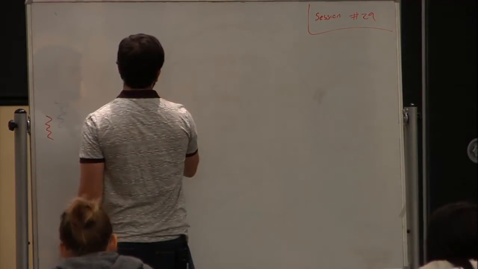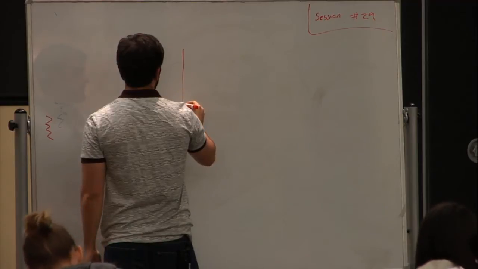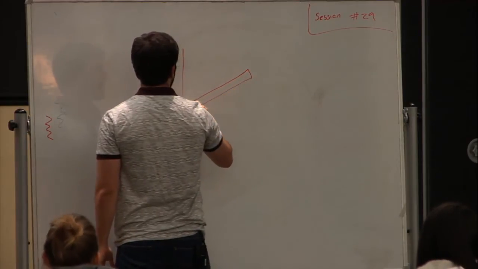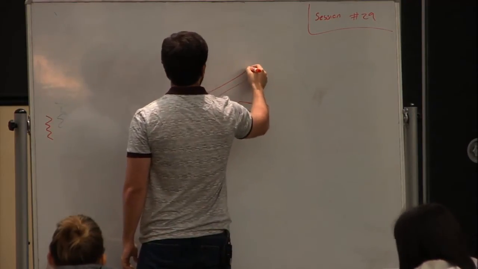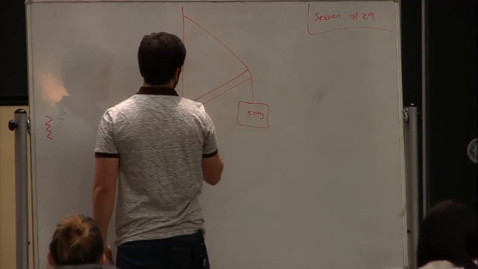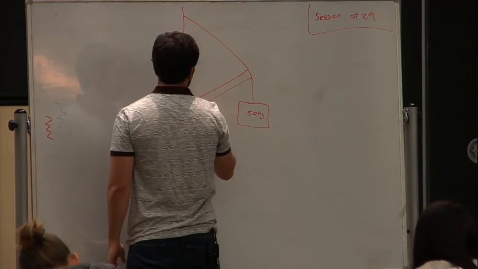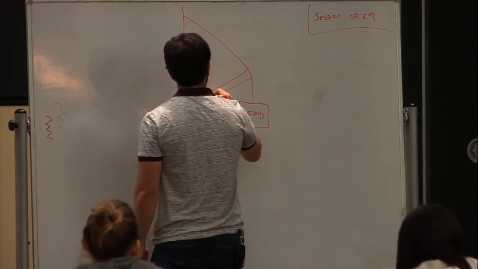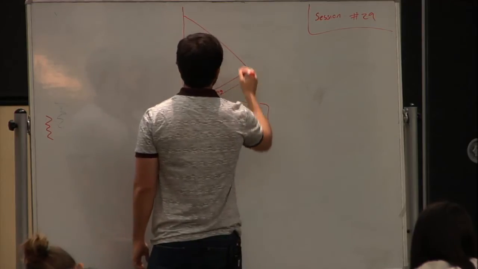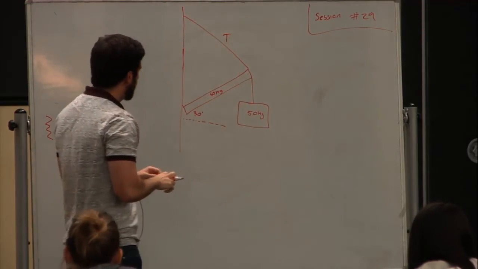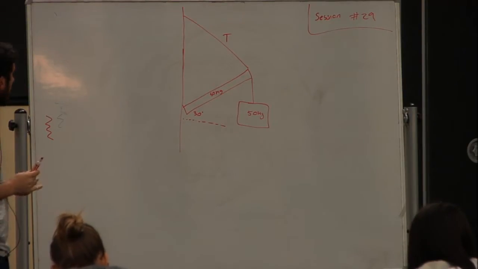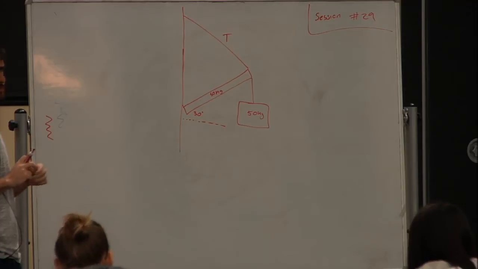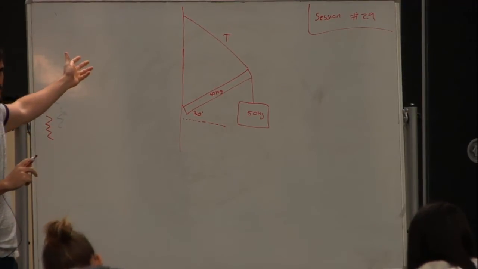So we have a wall right here, and then we have a 50 kilogram piece of wood or something like that, a rod, and it's at a 30-degree angle. It has a 50 kilogram box hanging off the side, and it has some sort of rope or wire holding it at the end, and we want to solve for that tension.